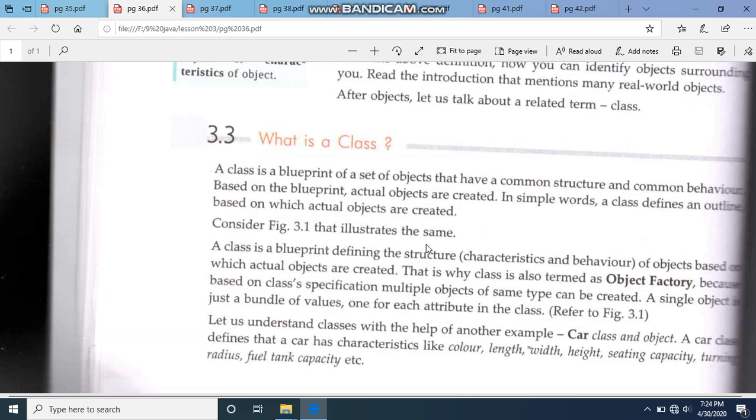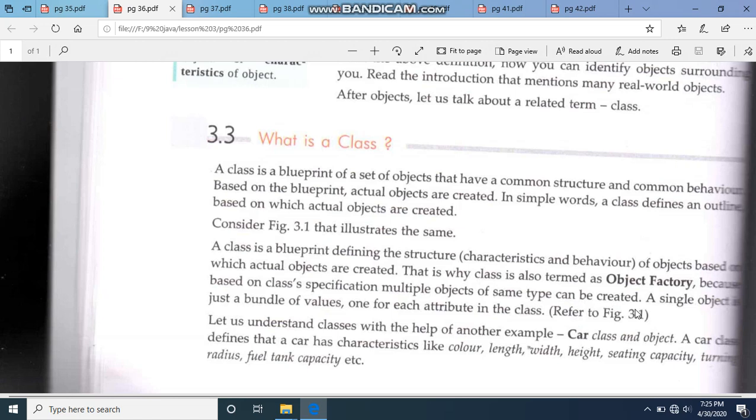So a class is a blueprint defining the structure of an object, based on which every actual object is created. That is why a class is also named the object factory. If they ask you why a class is named the object factory, the answer is that based on the class specification, multiple objects of the same type can be created.